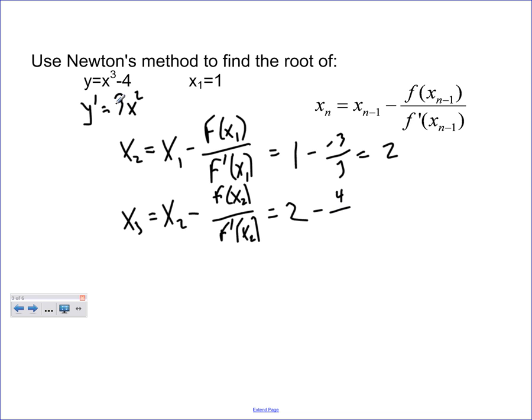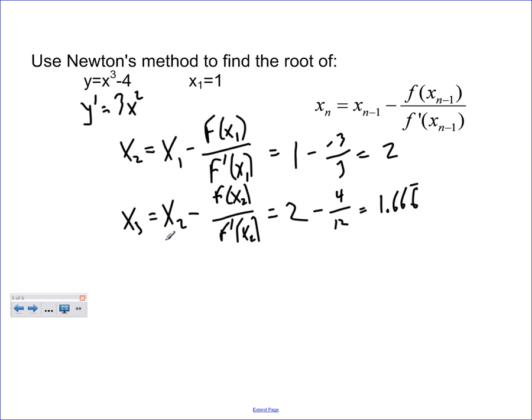And then we're going to plug in 2 into f prime. 2 squared is 4, 4 times 3 is 12. So we get 2 minus 4 over 12, so 2 minus a third, which is 1 and 2/3. I guess we'll go decimal-wise, 1.666 repeating, with the little repeating mark, so we know that that's not exact.